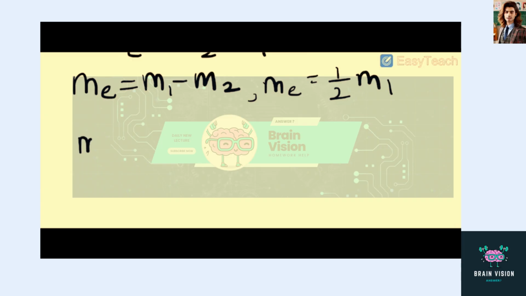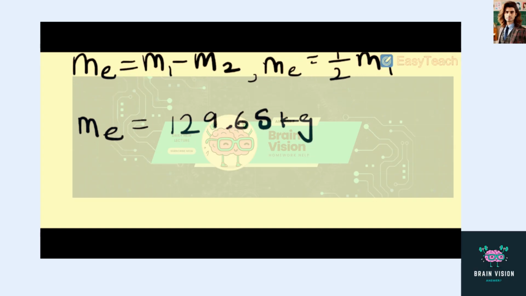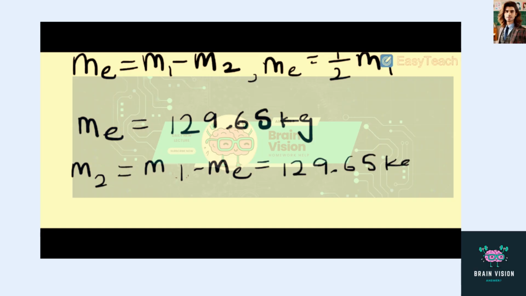Therefore, our mass exiting is going to be equal to 129.65 kilograms, which is just half of that. So we can solve for m2. m2 is just going to be equal to m1 minus me, and that's also equal to 129.65 kilograms.